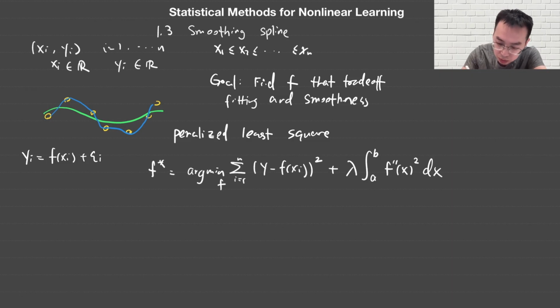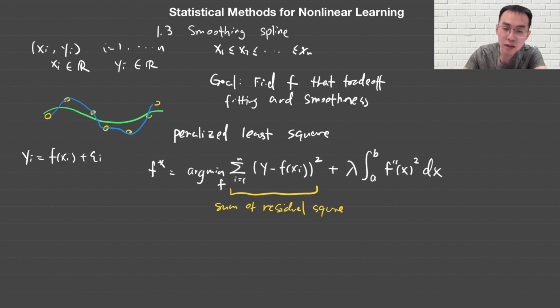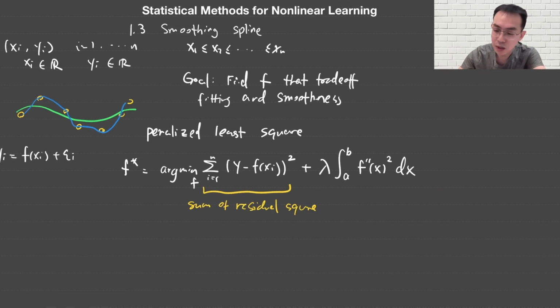So the first term here is our standard least square, right? This is the sum of residual squares. So this term actually equals 0 for the cubic spline we had last time.